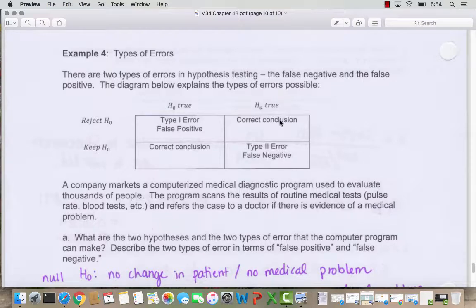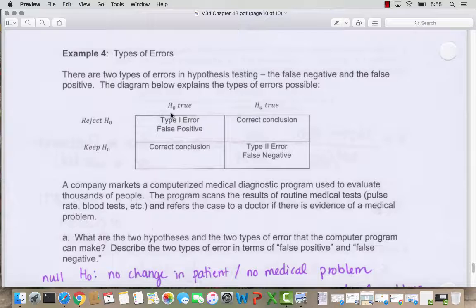So we see it is possible to make the wrong conclusion in hypothesis testing. There are two types of errors that come up in hypothesis testing: the false negative and the false positive. Here's a helpful diagram to show us when these types of errors occur. The first possibility is that the null hypothesis is true, but we reject the null hypothesis.